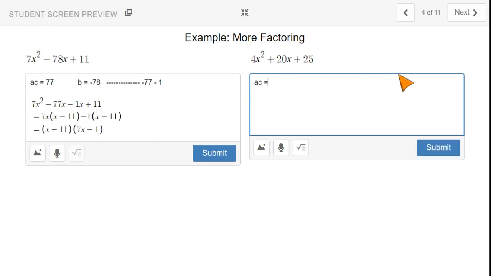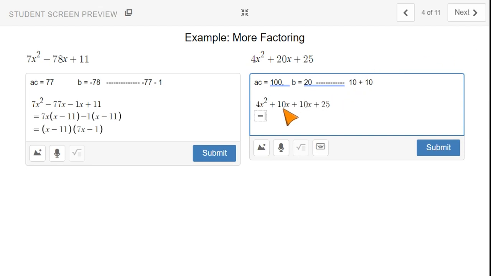Another example, AC is equal to 100. B is equal to 20. And we would use 10 plus 10 to get to the 20. So 4x squared plus 10x plus 10x plus 25.